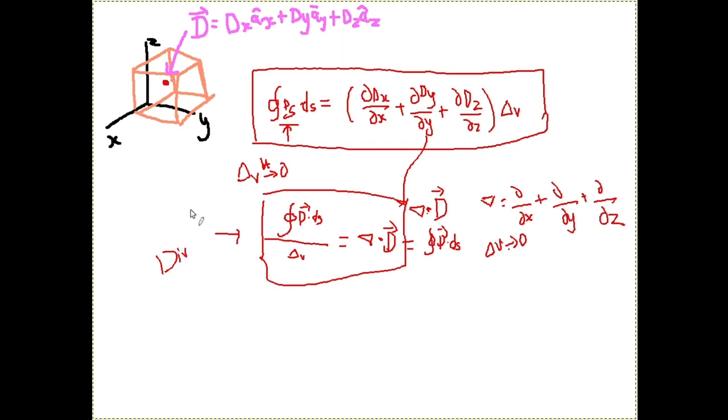In some textbooks this is also written as divergence dot D. Remember, this variable is a vector, so you are doing the dot product of the vector also.